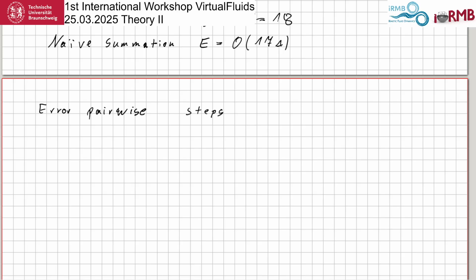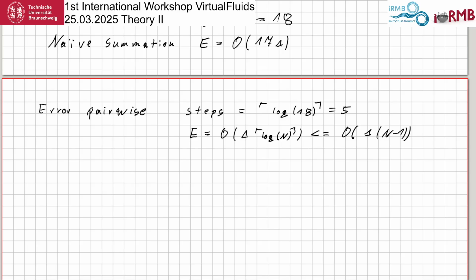The number of steps that we have is the ceiling of the logarithm of 18, and this is 5. So the error that we have is of the order of delta log n, which is here 5, and this is smaller or equal to order of delta n minus 1.